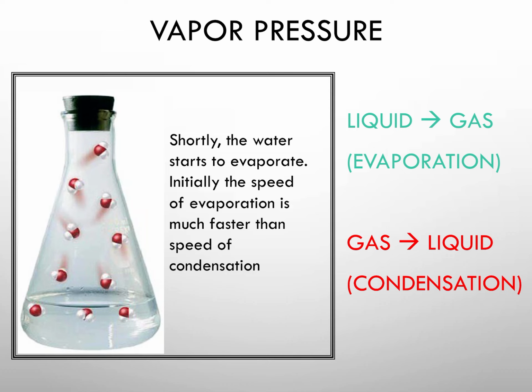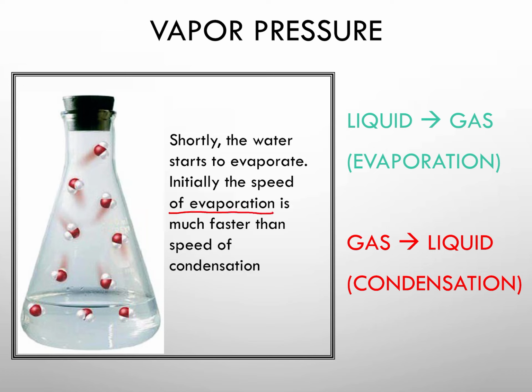Over time, though, like what we were just talking about, some of those water molecules will have enough energy and they can escape the surface, and they go into the gas phase, and that will keep happening. More molecules will have enough energy, they will escape, and they will go into the gas phase. And so at this particular time, we say that the speed of evaporation is much faster than the speed of condensation, because the opposite is also happening.